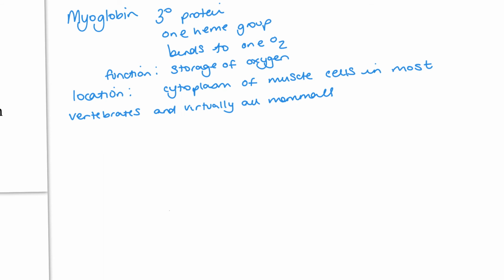So only in those times will it give up its oxygen. So it only gives up its oxygen at very, very low partial pressure. So it's got a really high affinity, and the curve looks quite different for myoglobin to how it looks for hemoglobin. So let's take a look at the graph to compare the two of them.